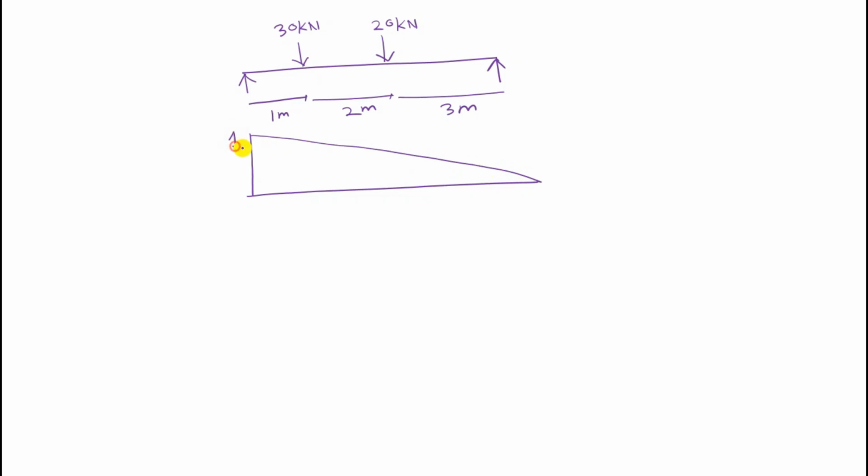So this is 1. This diagram is influence line diagram for RA. Now draw one vertical line below this 30 kN load, another vertical line below the 20 kN load. So this is Y1, this is Y2.